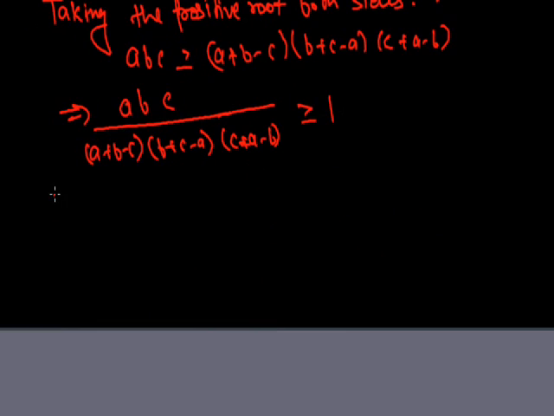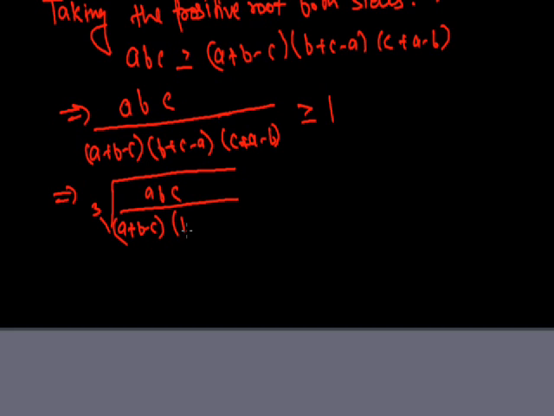Taking the cube root on both the sides, we would have cube root of ABC whole upon (A plus B minus C)(B plus C minus A)(C plus A minus B) is greater than or equal to 1.